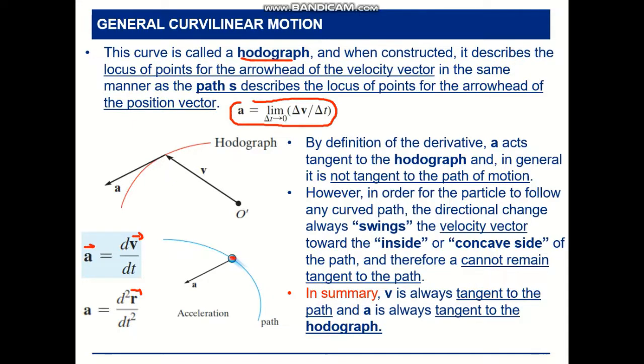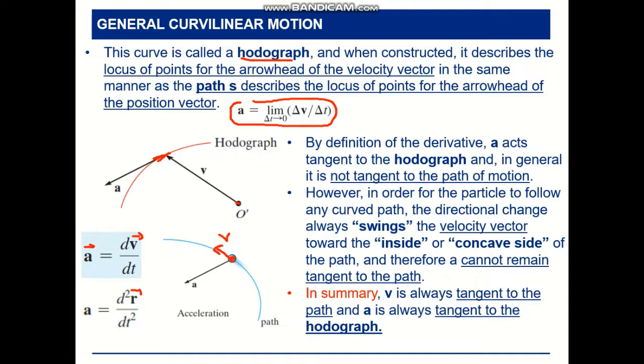If there is a path and we take the first derivative, it is the velocity, which is tangent to the path curve. But if we take the second derivative, it is no longer tangent to this path; since we are taking the first derivative of the hodograph, of course it is tangent to the hodograph curve.